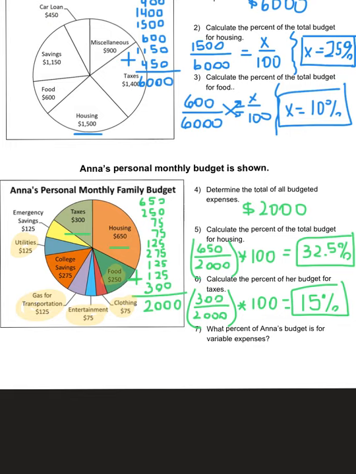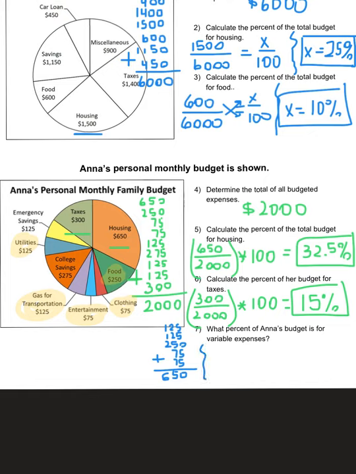Since this problem is asking for the variable expenses and we have 5 different variable expenses, the very first thing we're going to need to do is figure out what part of her budget is the variable expenses. So we're going to add those 5 items up. When I add those 5 items up, I got $650.